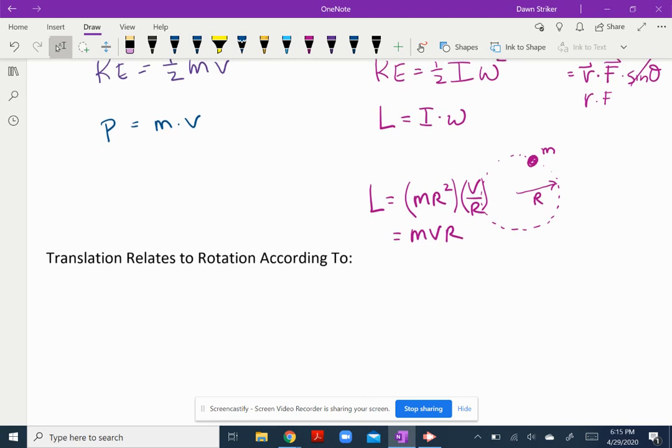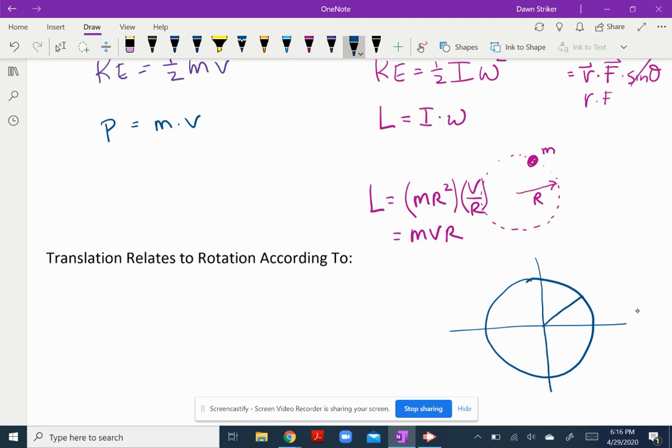How does translation relate to rotation? Well, we start thinking about this in pre-calculus when we learn about the circle and slicing it up in sections. This distance along the edge is called the arc length. There's my radius and there's my angle. The arc length is equal to the radius times the angle, as long as the angle is measured in radians.